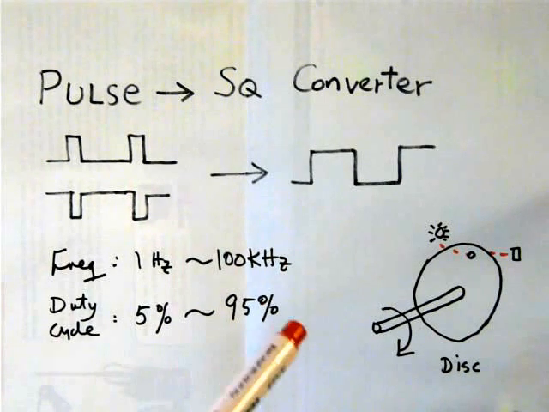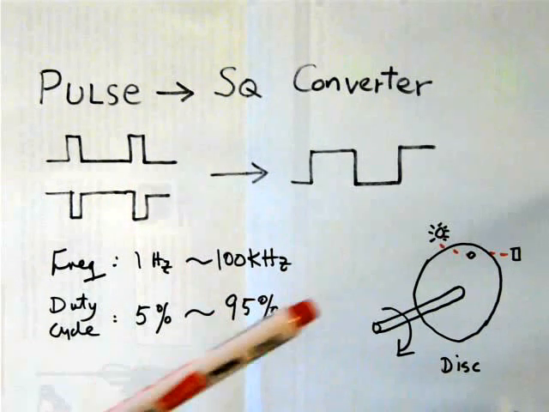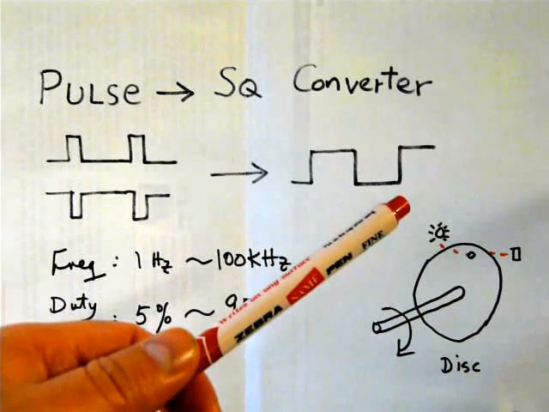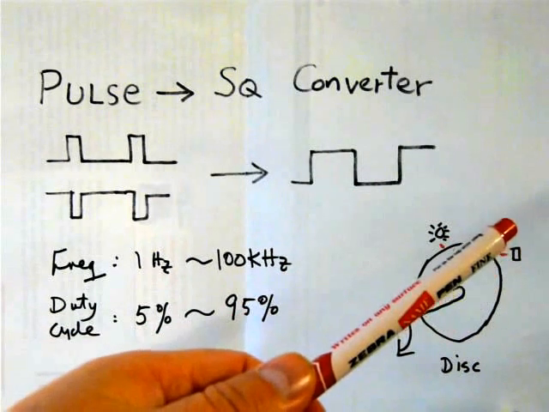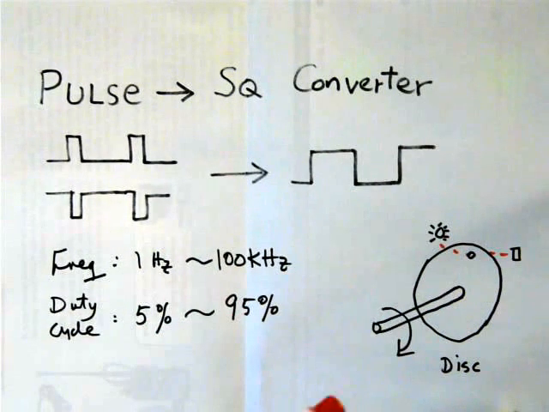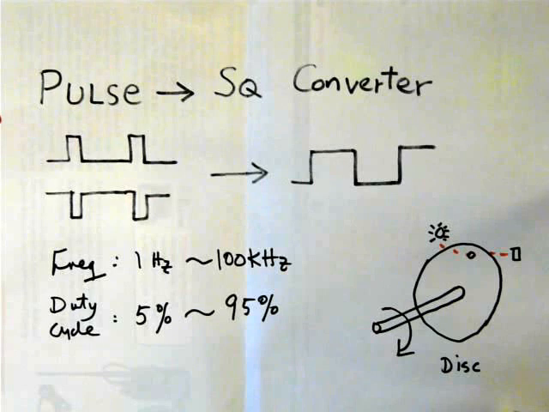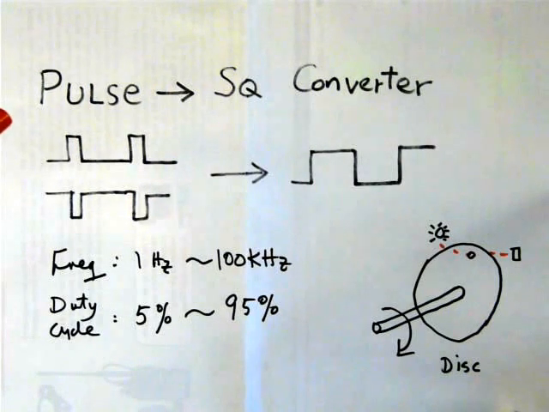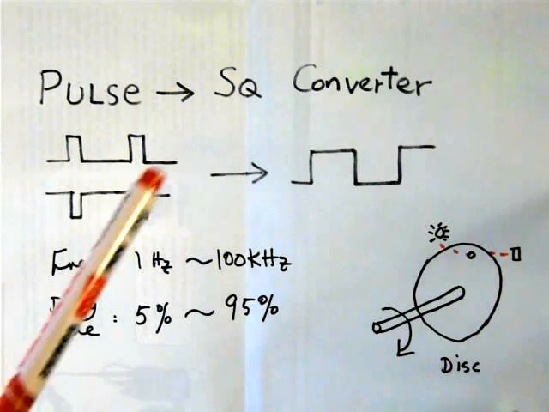For example, if you have a rotating disc with a light source and a sensor on the other side, when the disc rotates, we will get a pulse from the sensor. Usually, this pulse can be processed for your ultimate purpose. But what if you want to have a square wave from this pulse?